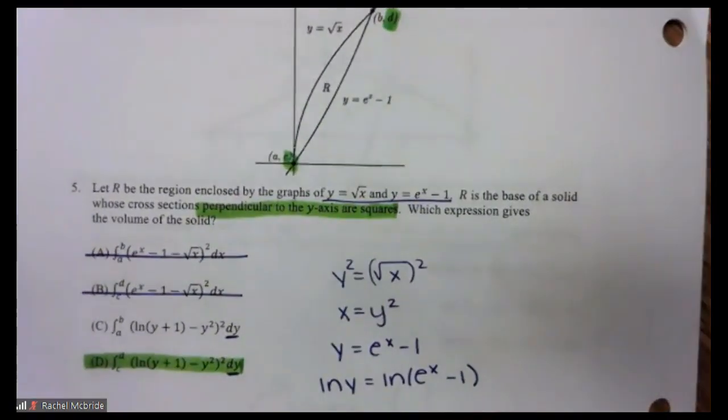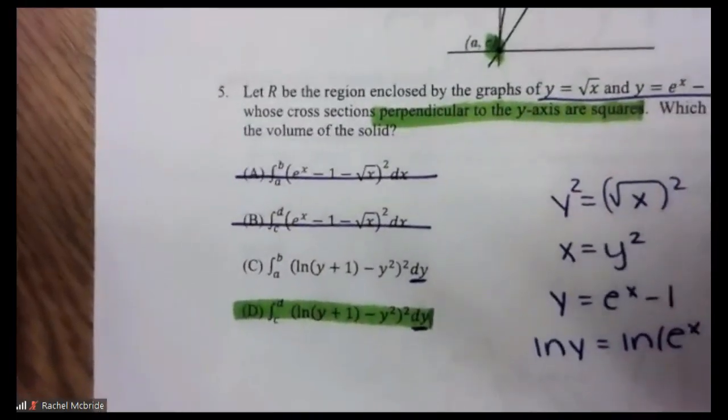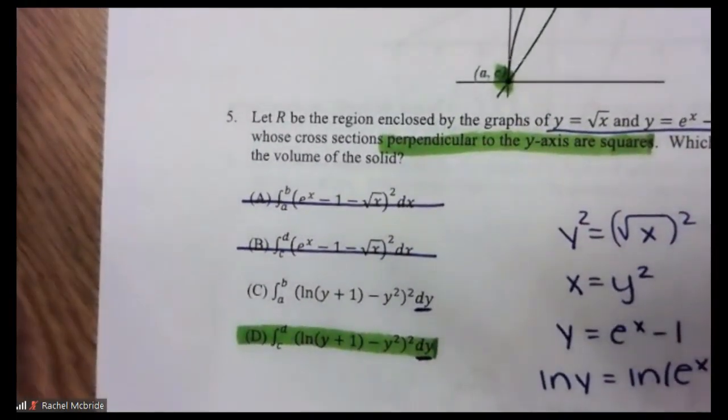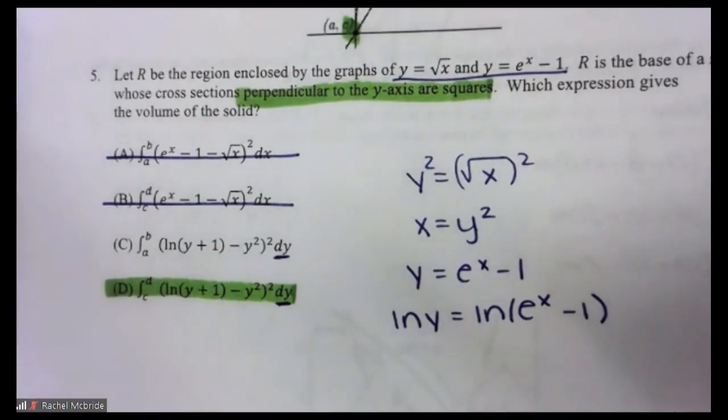C and D are identical except for the bounds, and the bounds have to be with C and D. Awesome. And that, my friends, is how you do deductive reasoning to get your calc questions correct on multiple choice.